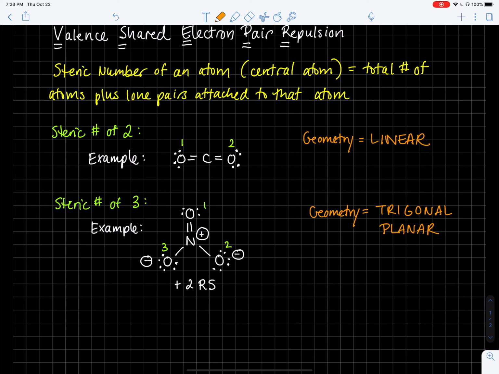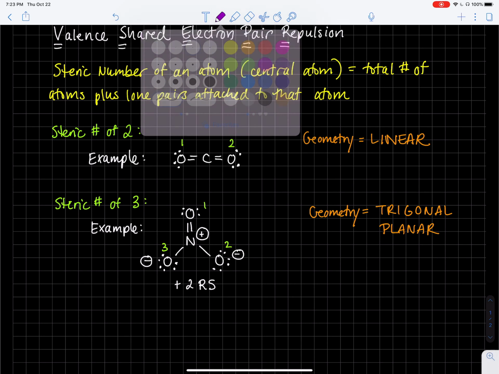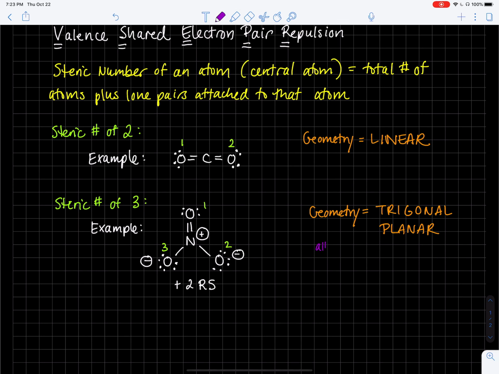Trigonal because there are 3 things, planar because all 4 of those atoms are in the same plane. And in this case, they're in the plane of my screen, the way I've drawn them.